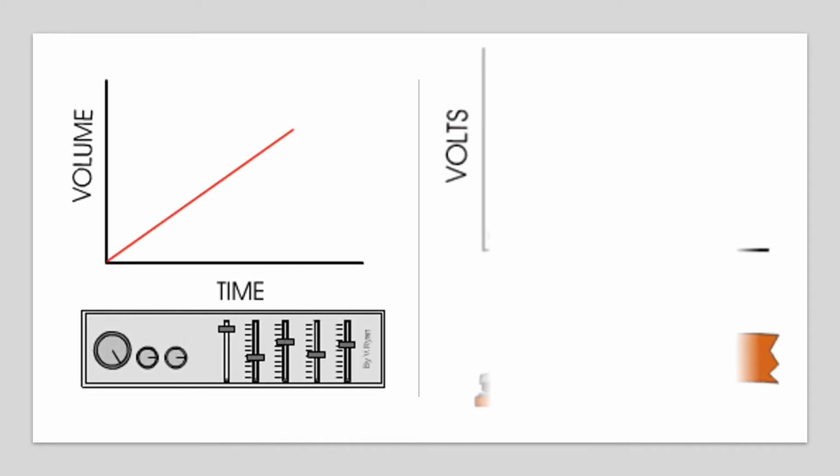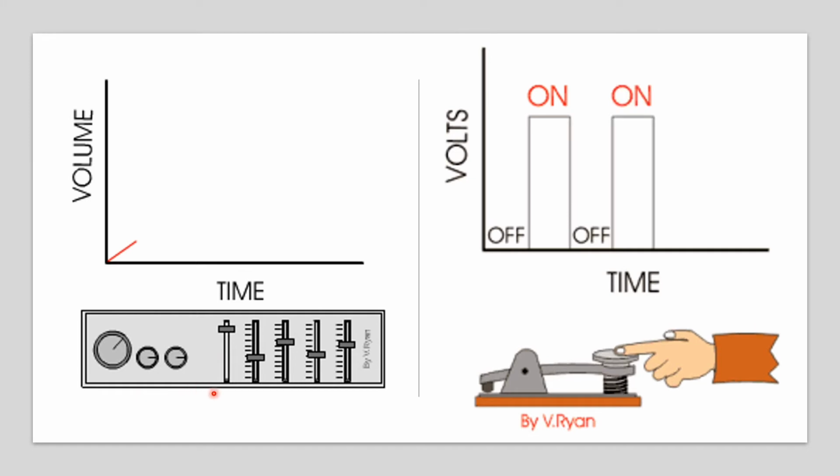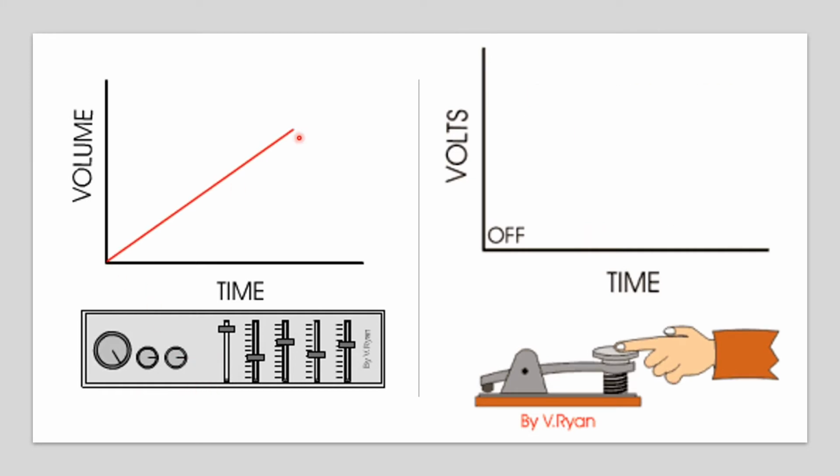Now let's take a look at the graphical differences between digital and analog signals. The first one is an analog signal. This is an analog signal of a radio station or sound signal. The values are continuously varying from minimum to maximum, and this curve contains all the numbers between the minimum and maximum values.